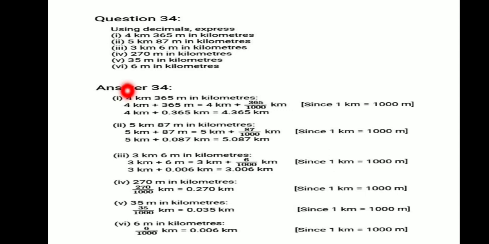Understand? Next, question number 34. Using decimal express 4 kilometer 365 meter in kilometer. This is the same as what you did in question number 33. Here also you have to include the point according to meters and kilometers.